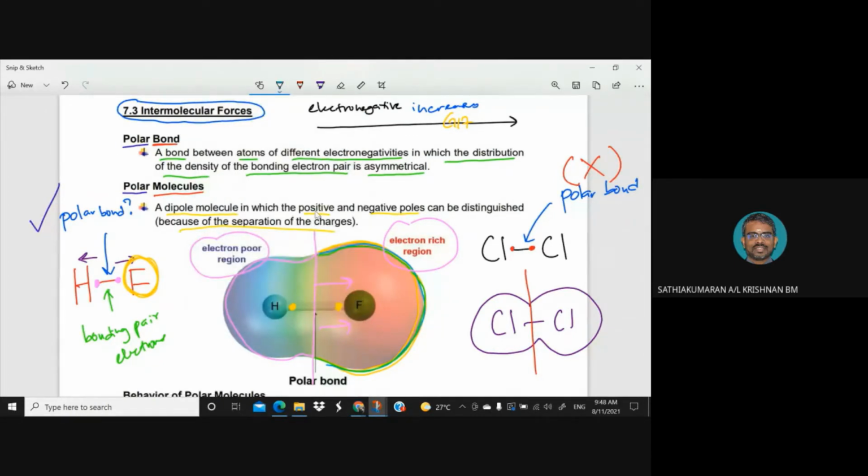What is the meaning of positive poles? How to draw positive poles? Delta positive. After that, how to draw negative poles? Delta negative.